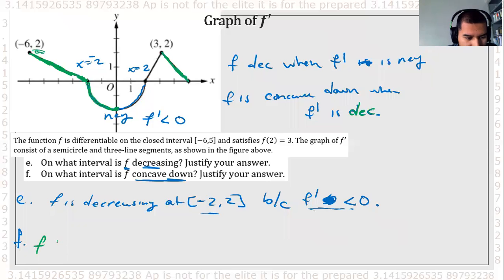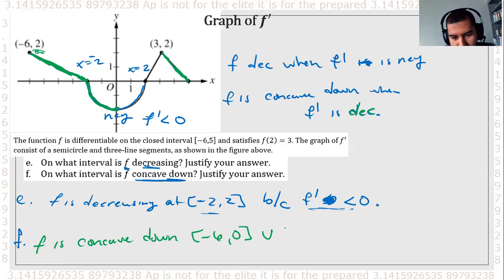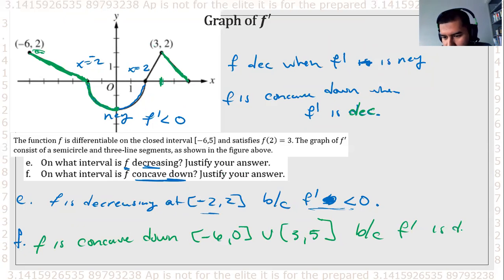So f is concave down on the interval -6 to 0 union 3 to 5, because f prime is decreasing. I should probably write this all up, but I didn't fit it. Any questions on that, guys?